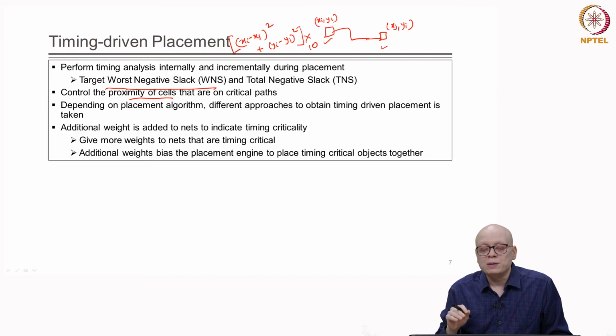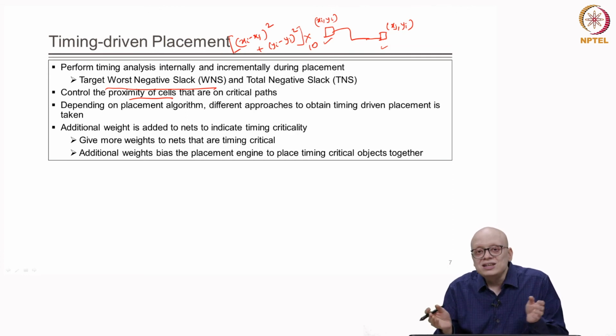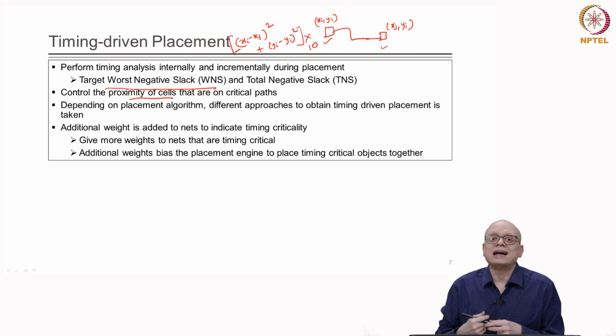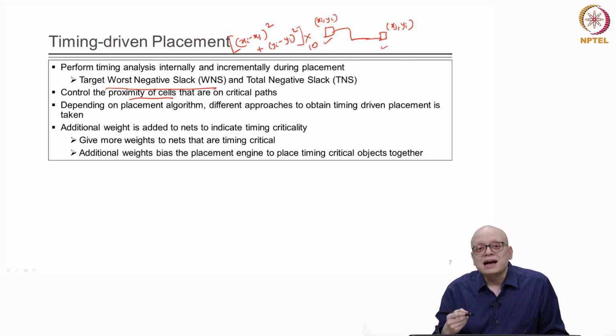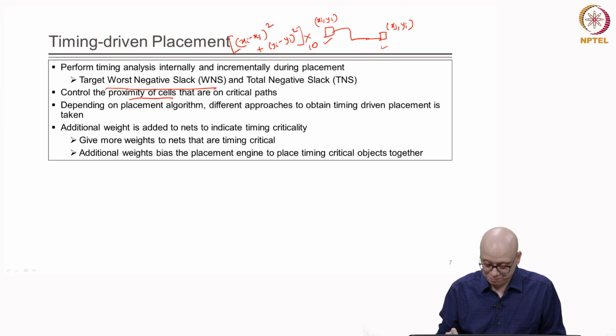Therefore, when the solver tries to find the placement solution, a solution in which these two cells are close together will be favored, and the timing of this particular path will be improved.